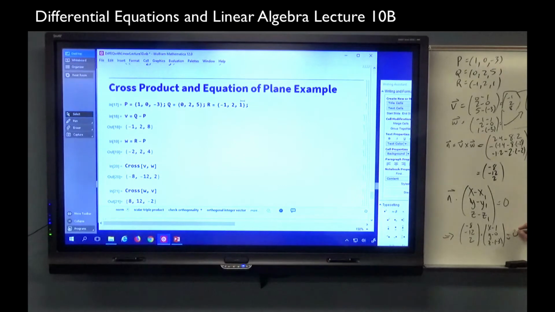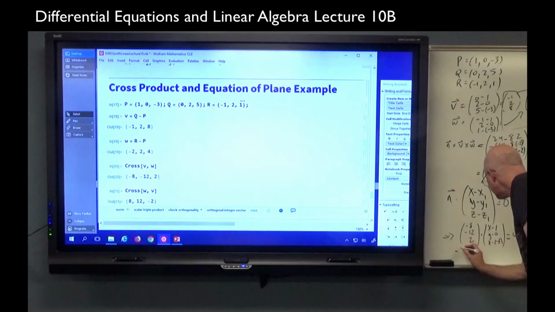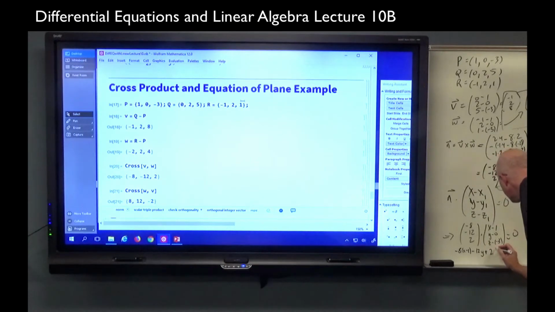Set that equal to 0 and continue simplifying. So we have negative 8 times x minus 1. I'm doing a dot product now. Minus 12 times y plus 2 times z plus 3 equals 0.